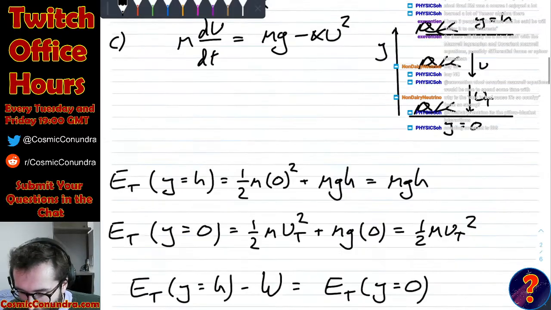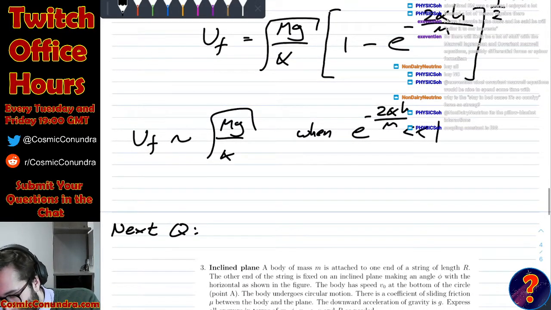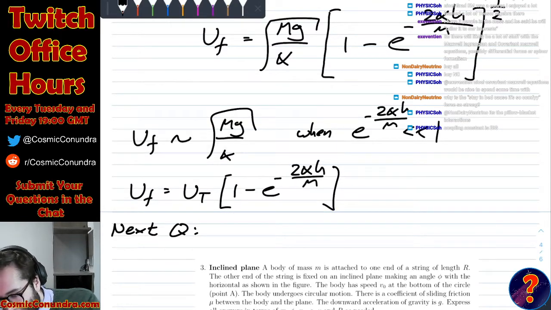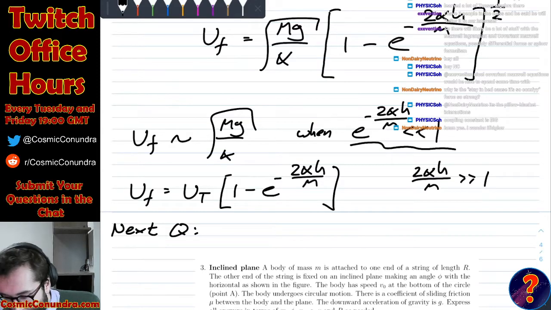Okay, so that means we can write this expression for our final velocity as being terminal velocity times this factor, the square root of 1 minus e to the minus 2 alpha h over m. And this thing is very close to the terminal velocity when this thing here is small. And this thing here is small when 2 alpha h over m is much, much bigger than 1.